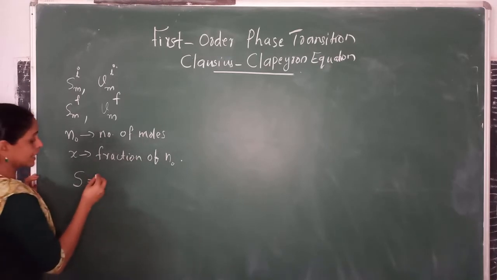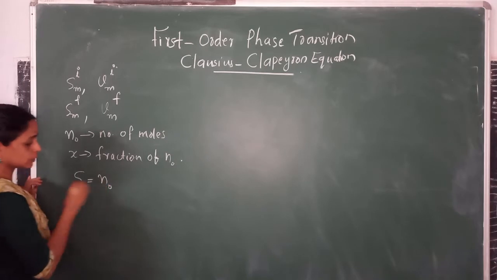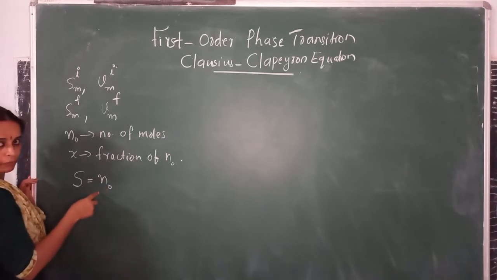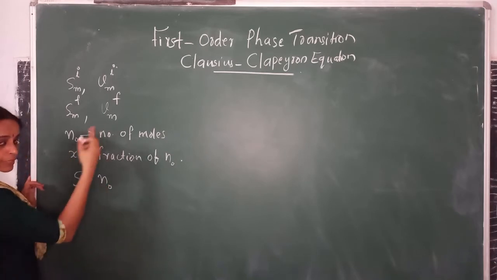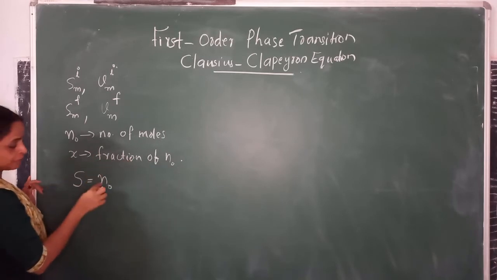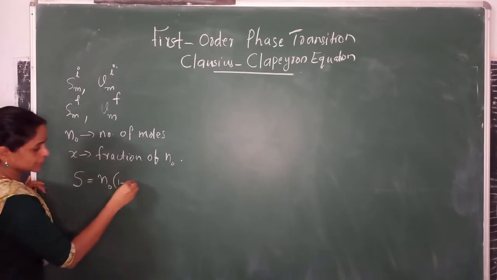So what can we write? S is equal to n0, the total number of moles. x is already transformed into the second phase, so the remaining is 1 minus x.